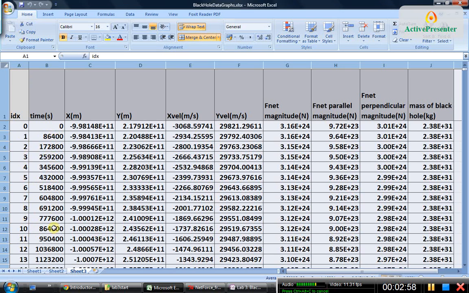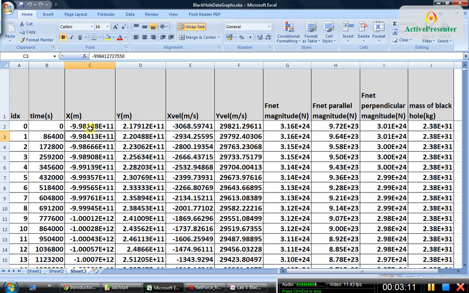These are the time intervals, and using the x and y coordinates I calculated the instantaneous velocity components along x and y. It's basically the final position minus the initial position divided by final time minus the initial time. That gives the x component of velocity.